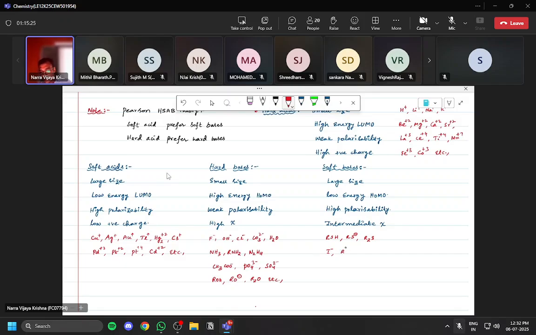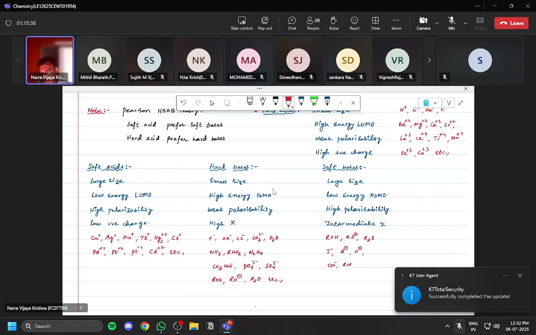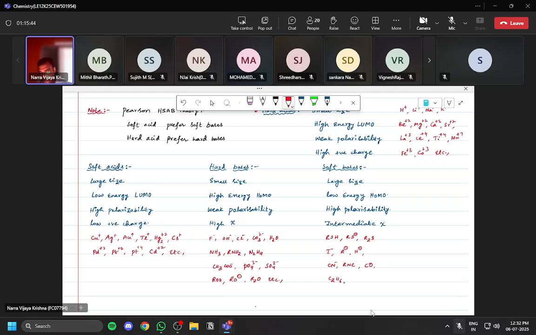CH3 minus, H minus. H minus is larger than F minus, correct? In periodic classification, we have seen. Then CN minus, cyanide, isocyanide, carbonyls, alkenes, benzene.